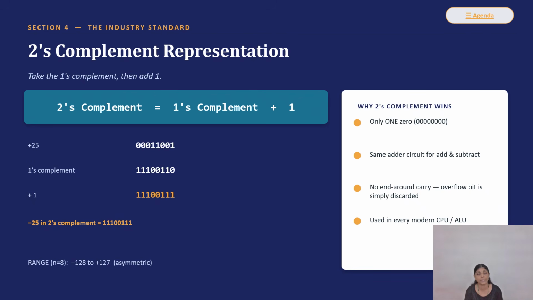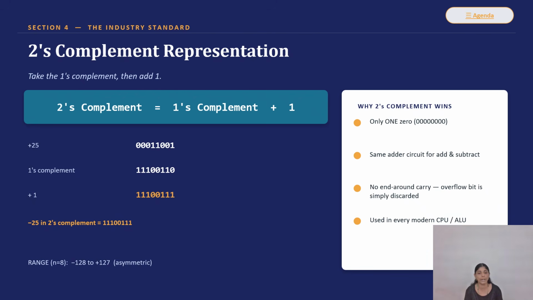But here in the 2's complement, only one circuit is enough to do both the addition operation as well as the subtraction operation. So the same adder circuit is used for addition as well as subtraction. And the very best usage or advantage of this 2's complement representation is it is used in every modern CPU or ALU.